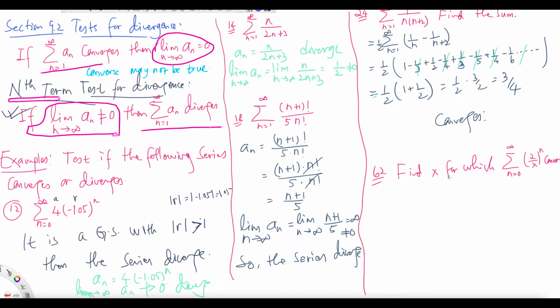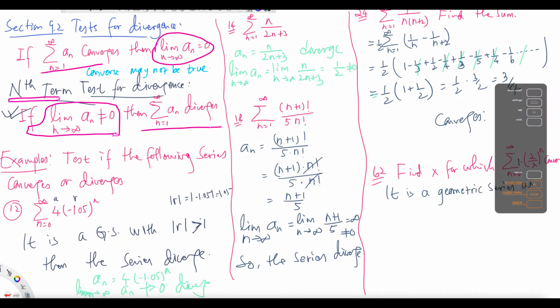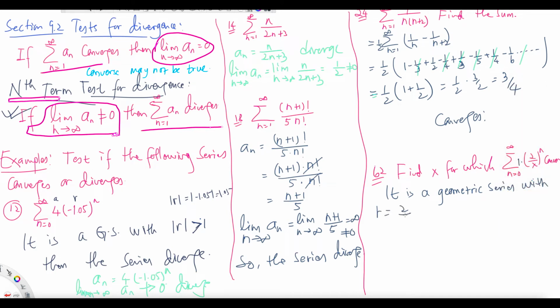Find x for which the summation n equals 0 to infinity of (2 over x)^n converges. Is this a geometric series? Yes, it is a geometric series with a equal to 1 and r equal to 2 over x.